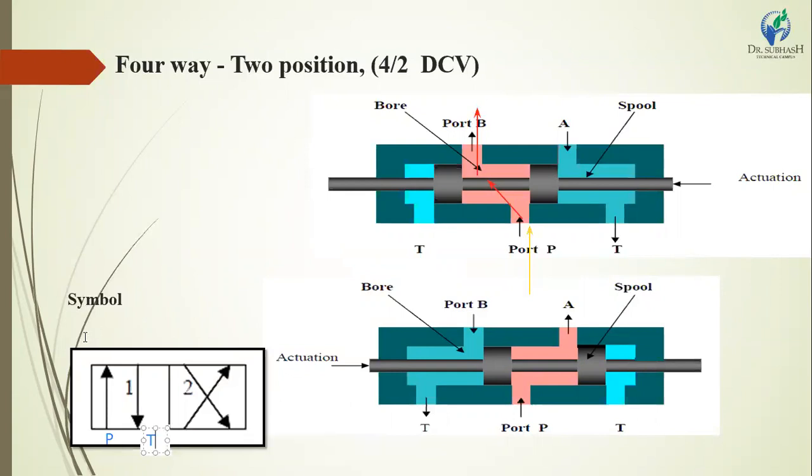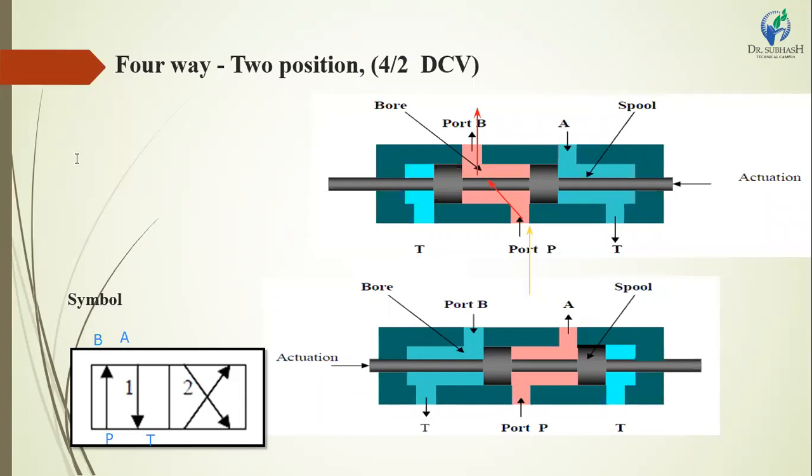Here we have to label this portion as B, and this portion as A. Of these 4 ports, P means from the pump, T means direct to the tank, and B and A are connected to the hydraulic circuit.